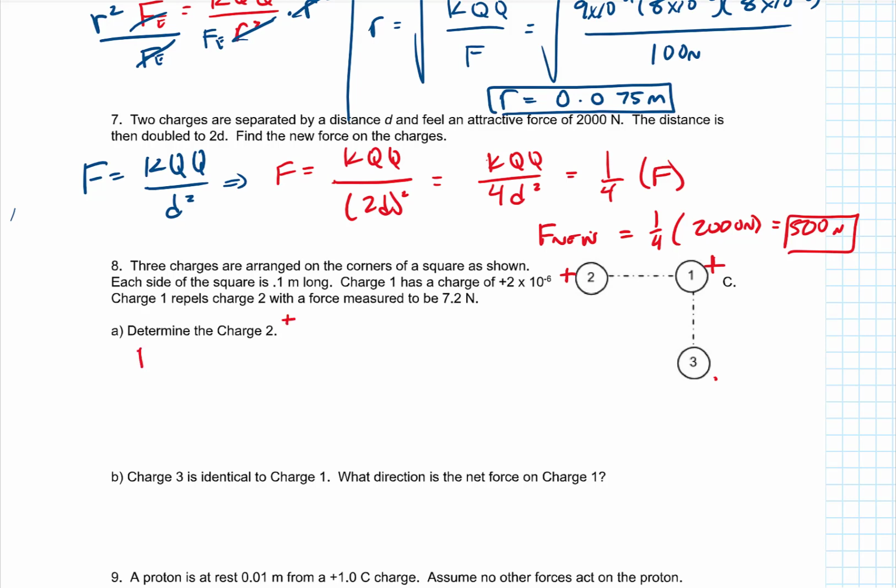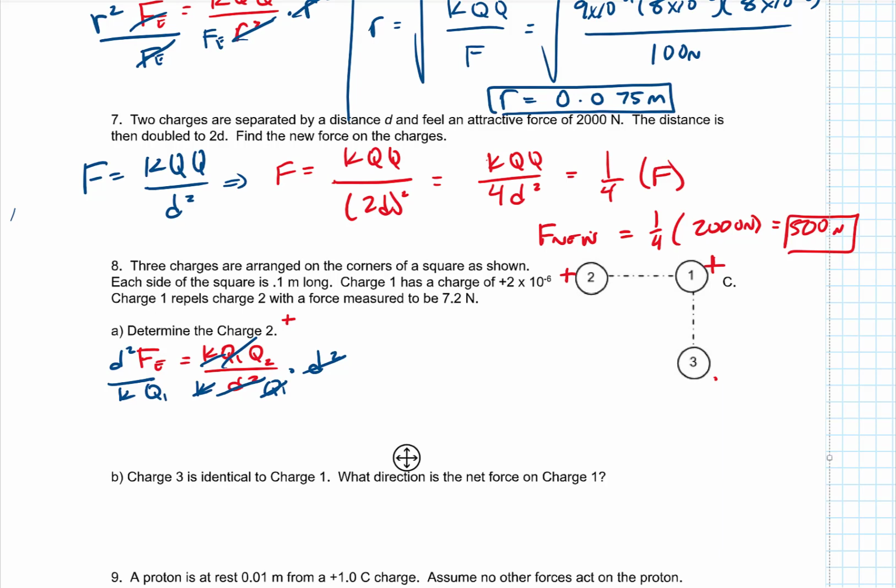So that electric force is kQ1Q2 over the distance separating them squared. So if I want to solve for one of the charges, I multiply both sides by the distance squared, divide by k, divide by Q1, and I'm left with Q2.